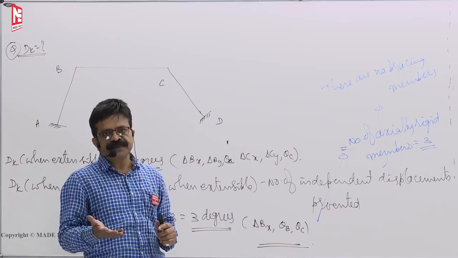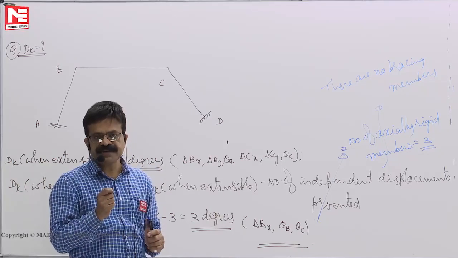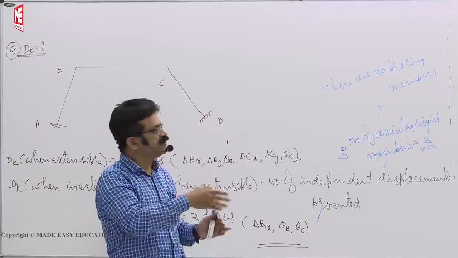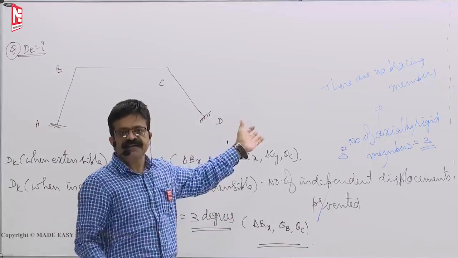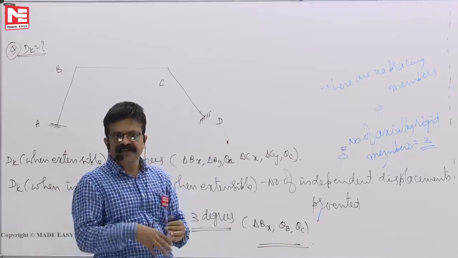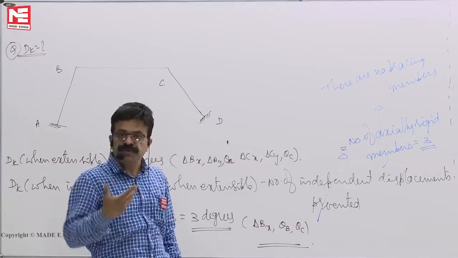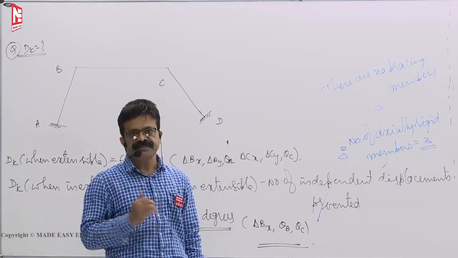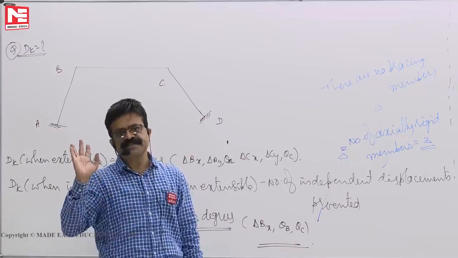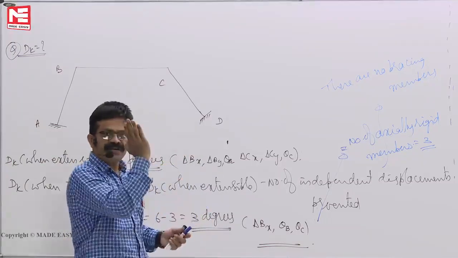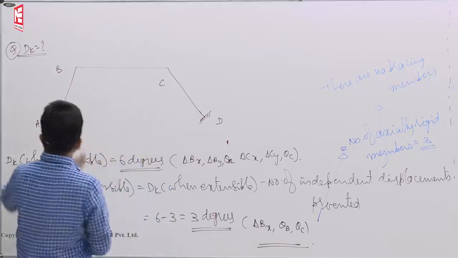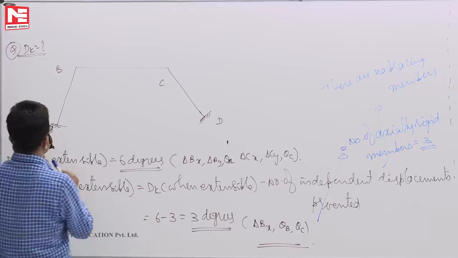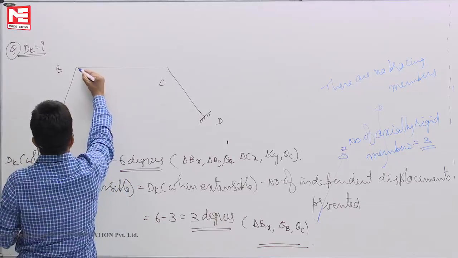In the process, the first order displacements, delta Bx or whatever displacements we are calculating when members are axially rigid, are all assumed to happen perpendicular to the initial configuration of the structure, because no inward displacement. So it displaces in the perpendicular direction of the original configuration. AB is like this. If its displacement is perpendicular to this configuration, that means it will come somewhere here.